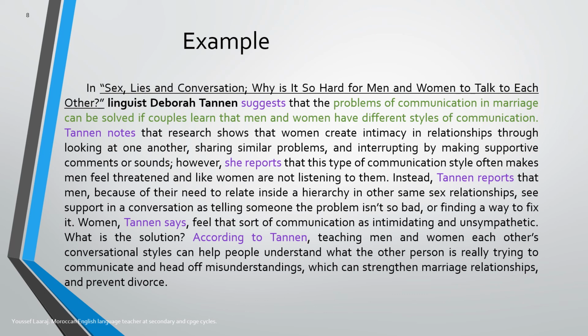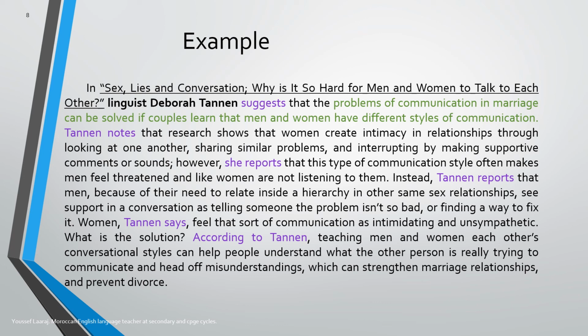And the third element is the main idea of the whole work, the whole essay. Problems of communication in marriage can be solved if couples learn that men and women have different styles of communication. So we have one sentence which expresses clearly what the whole essay says.